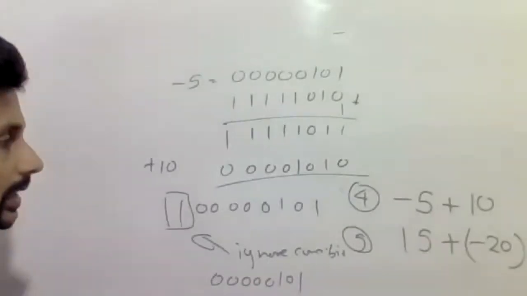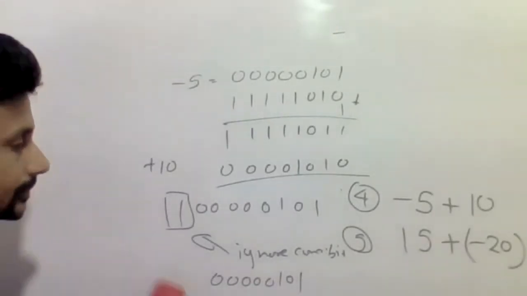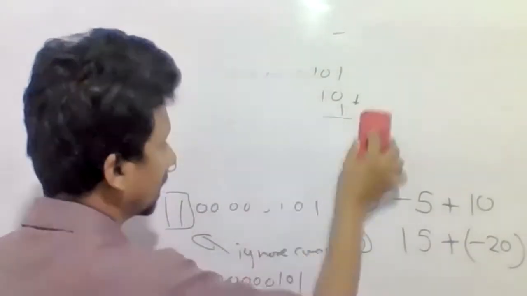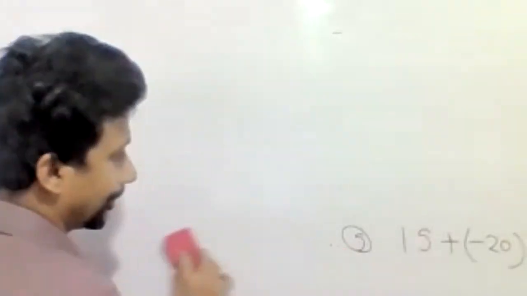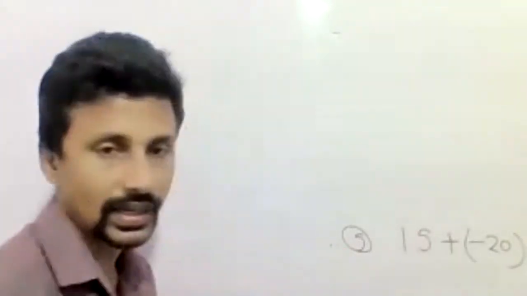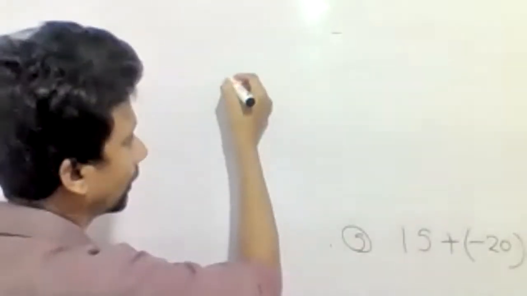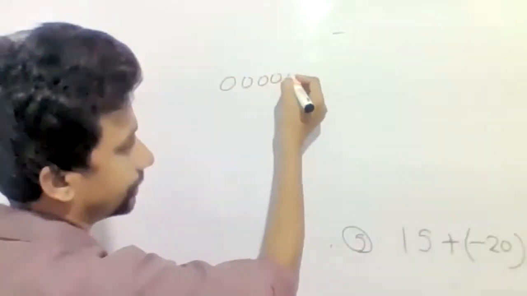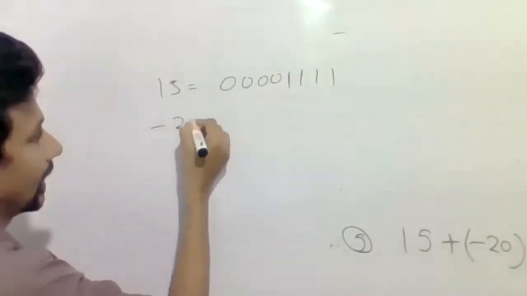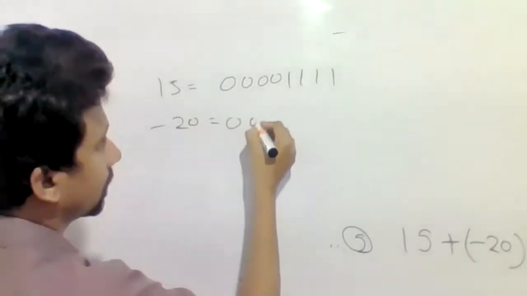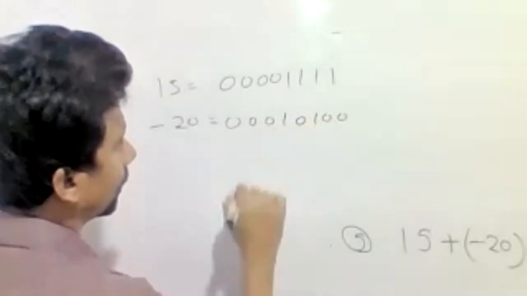Okay, then we take the last one. Fifth one. I'm going to do it here. 15 plus minus 20. 15 I'm writing as a positive value: 0 0 0 0 1 1 1 1. This is 15. Negative 20, I'm going to write 0 0 0 1 0 1 0 0.